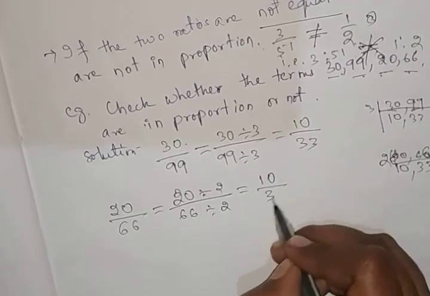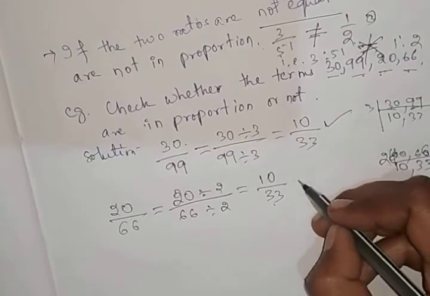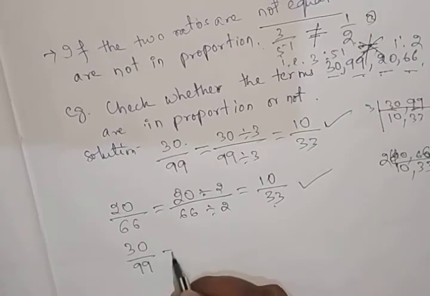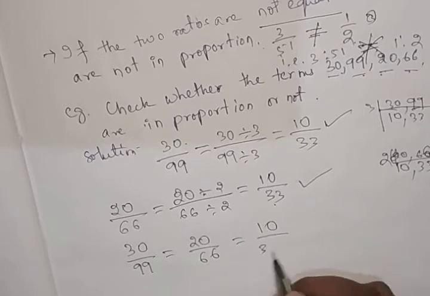10 by 33. So look here, this ratio is equal to this ratio, meaning 30 by 99 is equal to 20 by 66, which is 10 by 33.